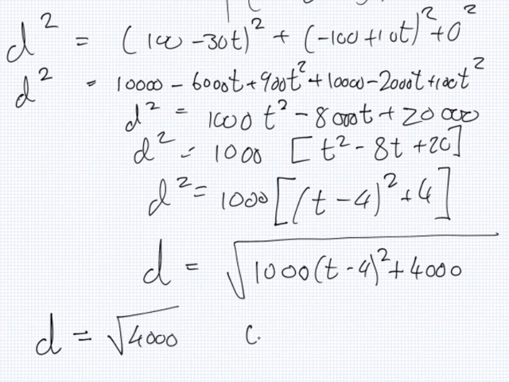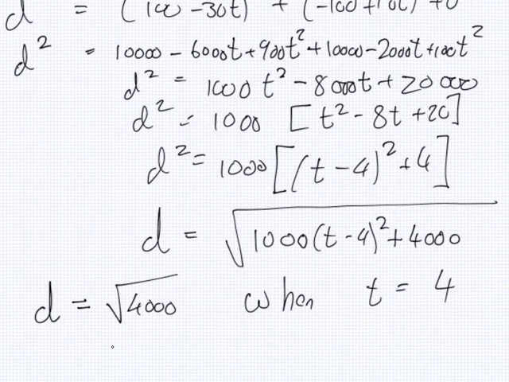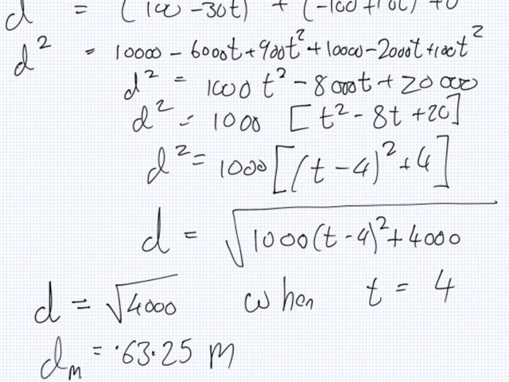And this is when t is 4. What's the square root of 4000? That's going to be 20 root 10, which is what as a decimal? 63.25 meters. That is the minimum distance, and that is when the time is 4 seconds.